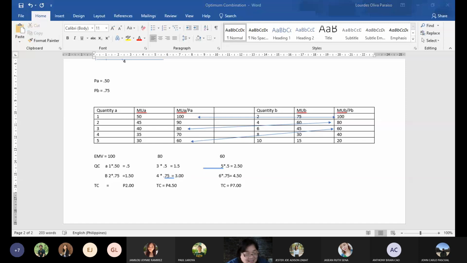Oh, ba't ka tumatawa? Pipili ka lang naman magkano ang kailangan mo para maximum yung satisfaction mo? 2 pesos ba? The other one is 450 or 750? Diba? So how much do you really need to get yourself satisfied?